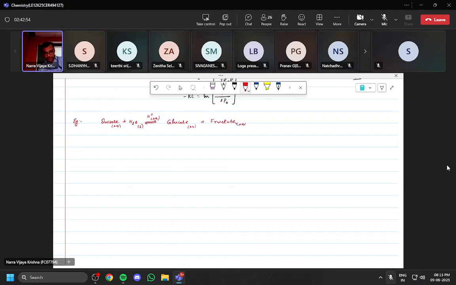What is the optical activity of sucrose? Plus 66.5 degrees. Already we discussed in pseudo first order reactions. Have we discussed or not? Plus 66.5.